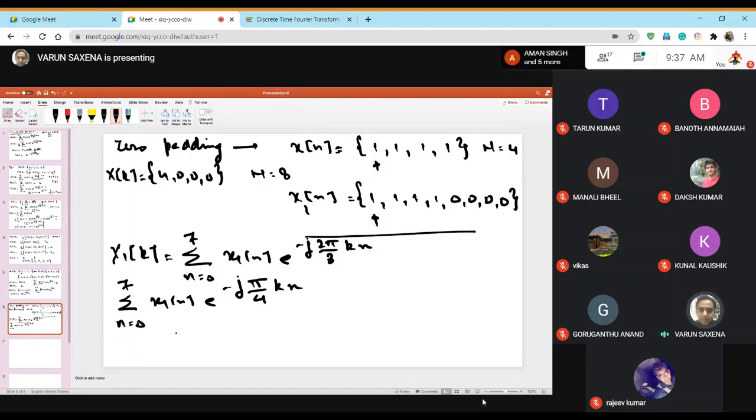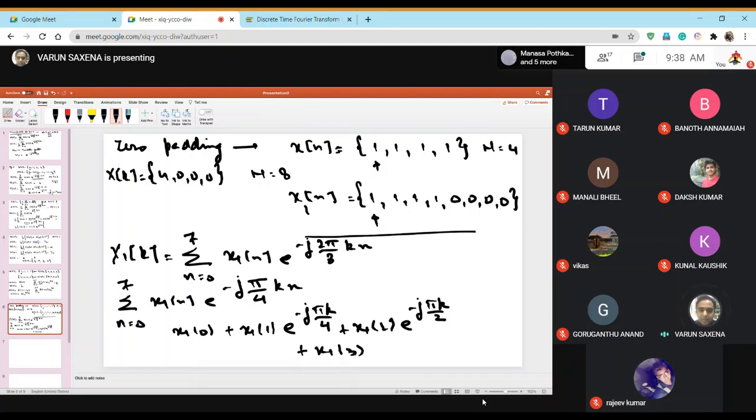This sum becomes x1[0], putting n equal to 0, plus x1[1] e to the power minus j pi k by 4, plus x1[2], so you put n equal to 2, e to the power minus j k pi by 2, plus x1[3] e to the power minus j pi 3k by 4. Okay, so this is basically going to be your capital X1[k].